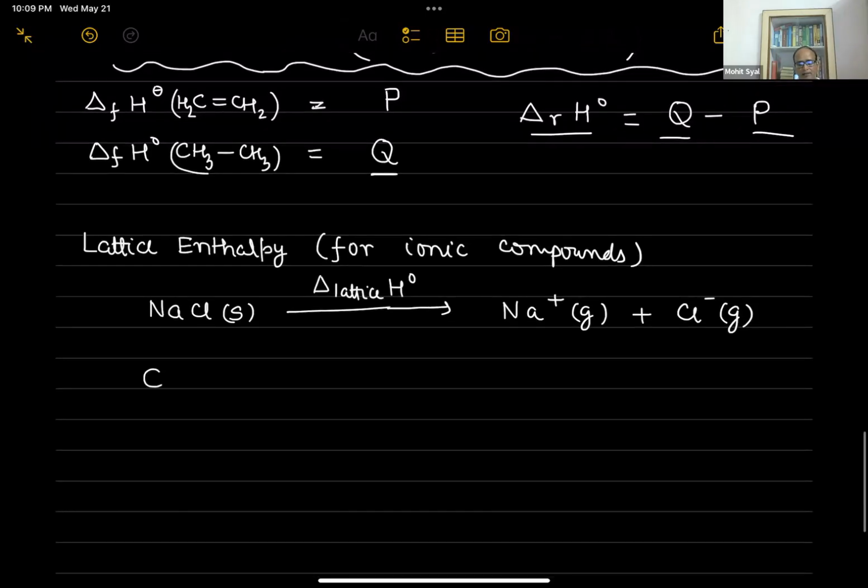For example, if I give lattice enthalpy to calcium chloride, its value is going to be different. It is going to be more for calcium chloride because you have more number of ions.